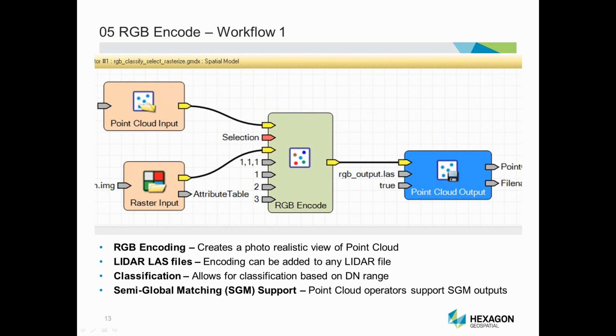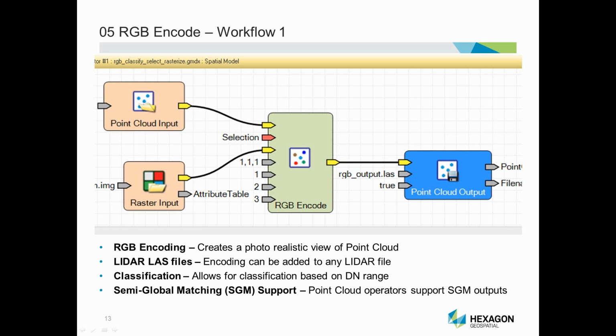So if we look at the RGB encoding, workflow number one, it creates a photorealistic view of the point cloud. So your points, if dense enough, actually look like an image if you RGB encode them. And when you zoom in, you'll obviously see the spacing between the points, and it starts to not look like an image anymore, but it's kind of like 3D photogrammetry.